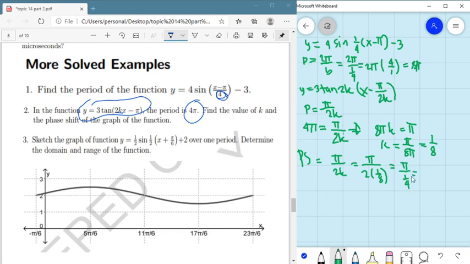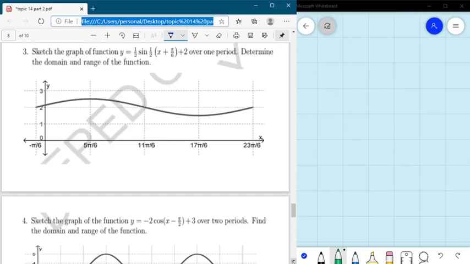Simplifying this further, we have pi times 4 over 1, and the answer is 4 pi. Okay, so for number 2, we have k is equal to 1/8, and the phase shift is 4 pi.